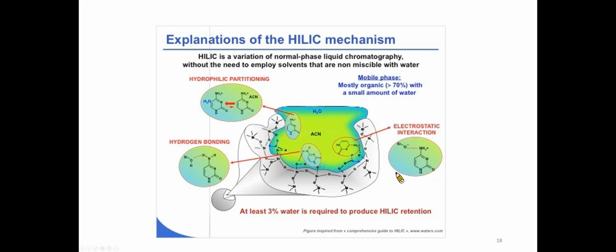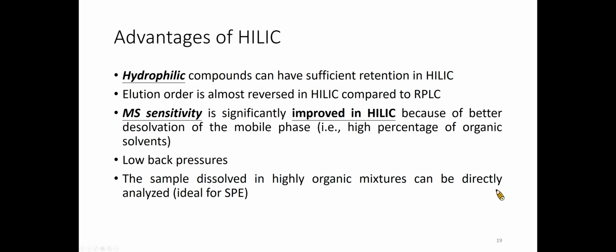HILIC can be used with many detection techniques, but when combined with electrospray ionization mass spectrometry, for example, HILIC will also enable higher sensitivities. There are many advantages of HILIC.